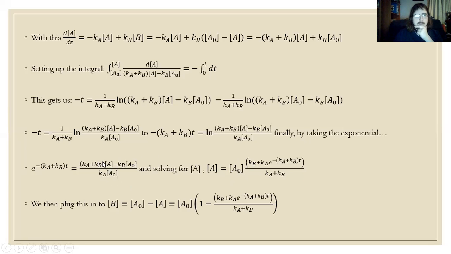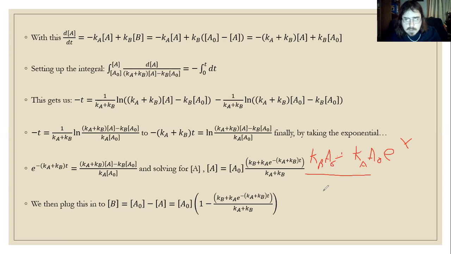Let's look at this real quick. e to the negative K... Let's look at this in the notes. Okay, how are we doing the math here? So we have... no, I'm just going to say EX. I'm going to leave all that there because otherwise we have a hot mess. A0 plus Kb A0.